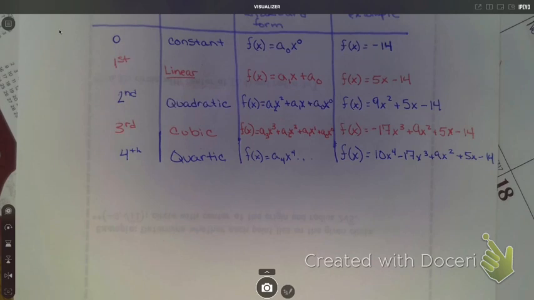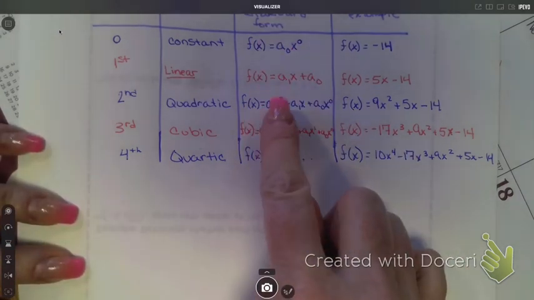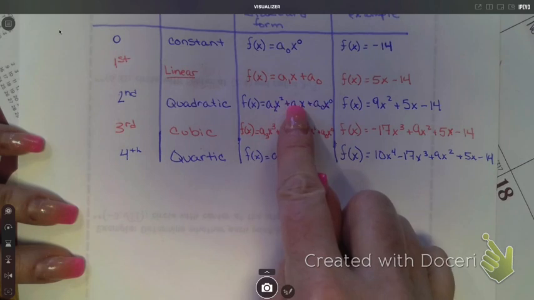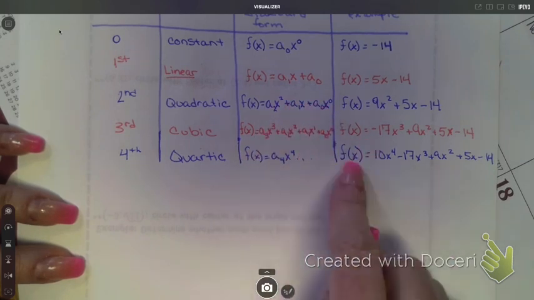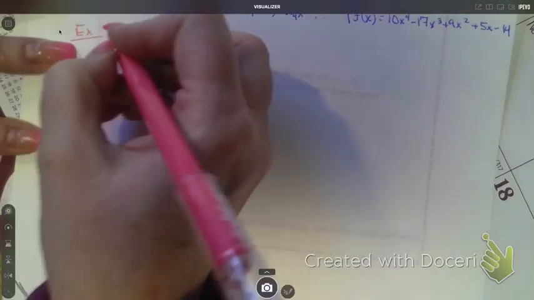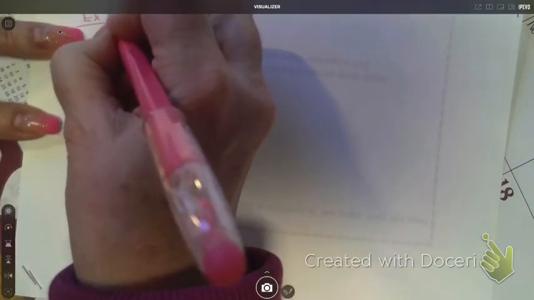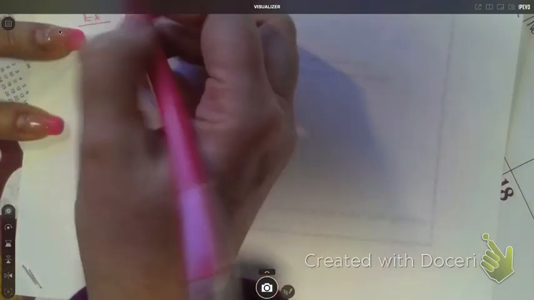Now I want you guys to see, because in standard form, all the exponents go down, correct? 1, 0; 2, 1, 0; 3, 2, 1, 0; 4, 3, 2, 1, 0. So are they in standard form? Here's H of x, remember I said it can be called anything.